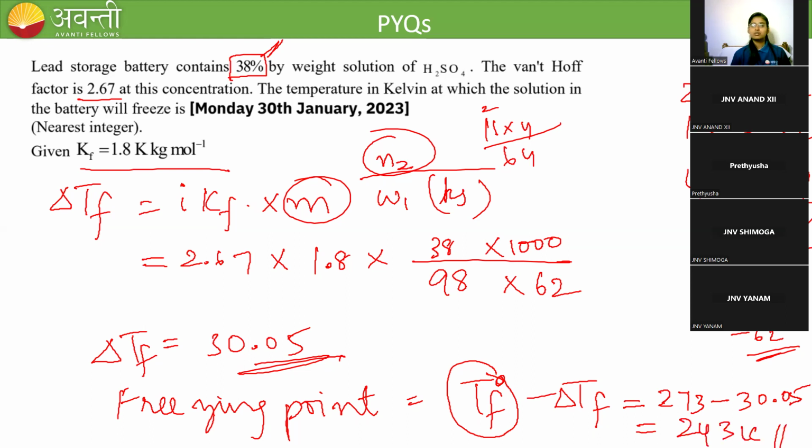So the temperature in Kelvin at which the solution in the battery will freeze, the freezing point, is 243 Kelvin. Okay, clear?